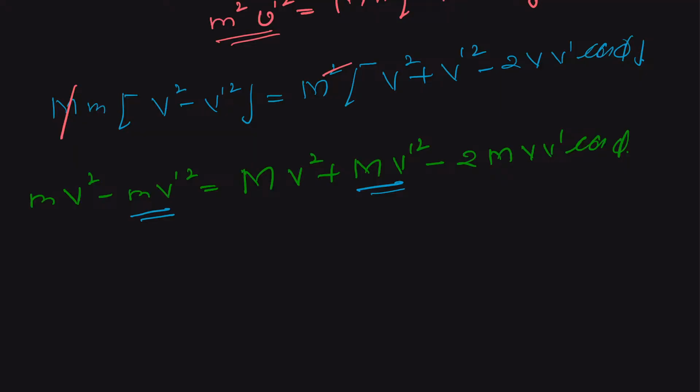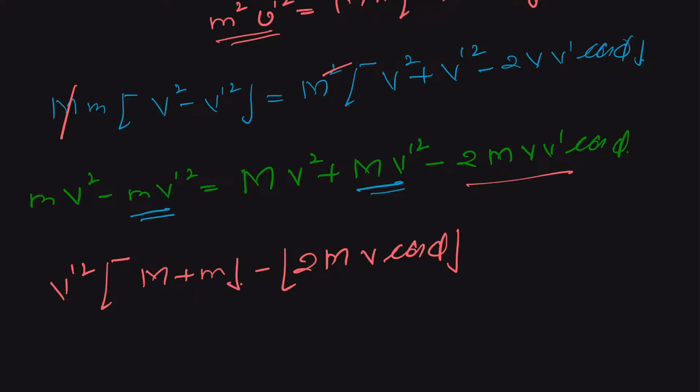Therefore we are going to get v prime square times (M plus m) minus twice m v cos of phi times v prime, and then we are left with these two terms, plus v square times (M minus m), is equal to 0.